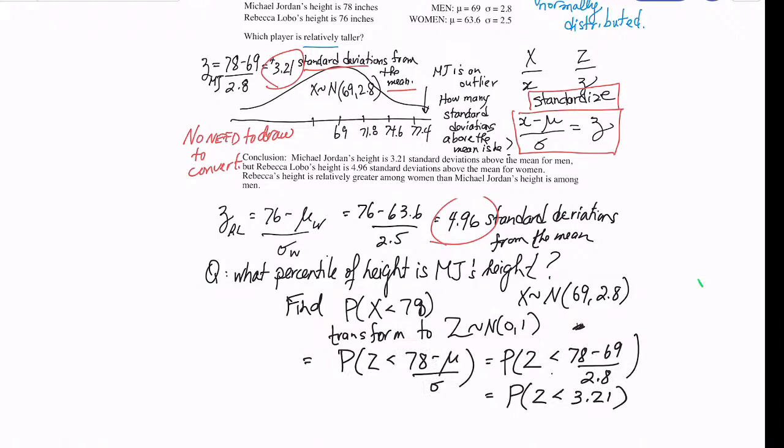So the answer is, you can write it like that, or you say 99.93 percentile.